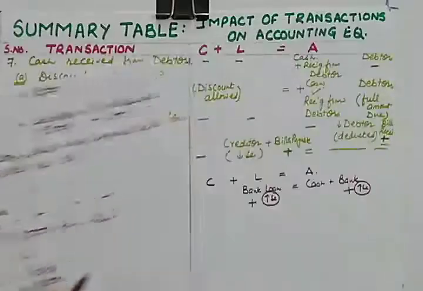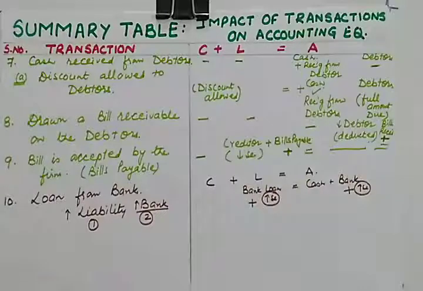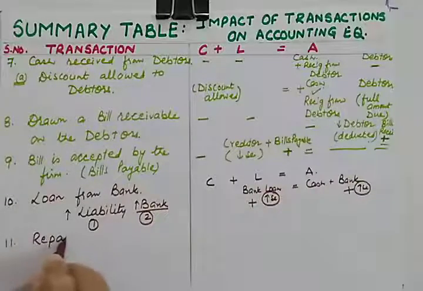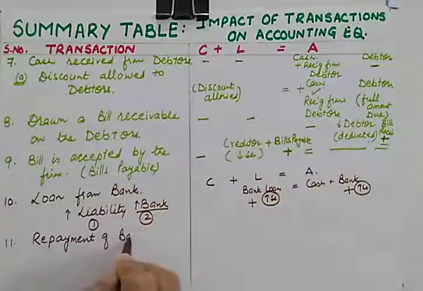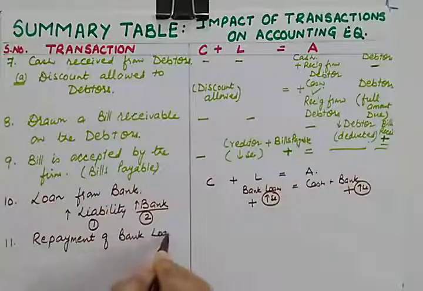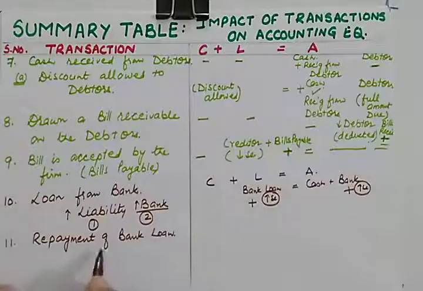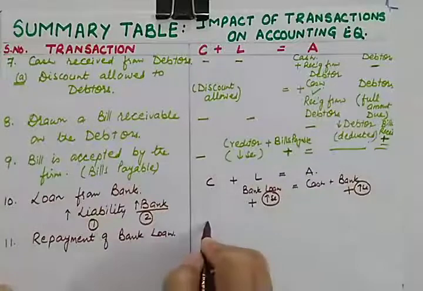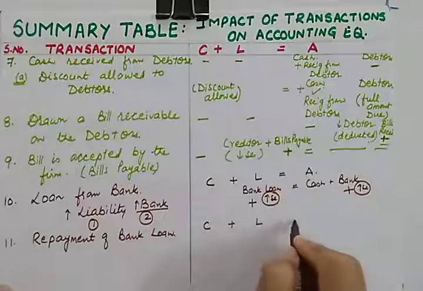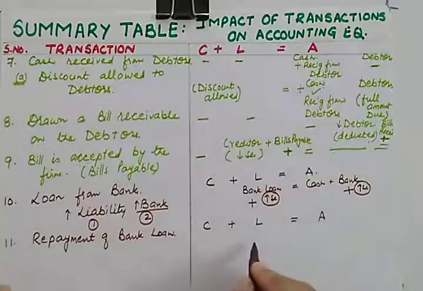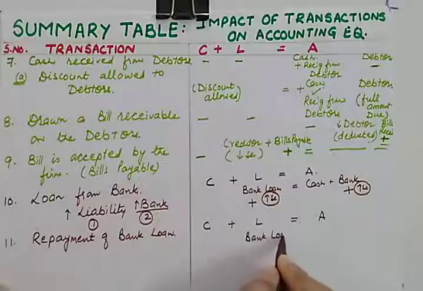And what will happen when you make repayment of bank loan? Yes, when repayment of bank loan is there, C plus L is equal to A. So your bank loan will decrease because you are repaying.